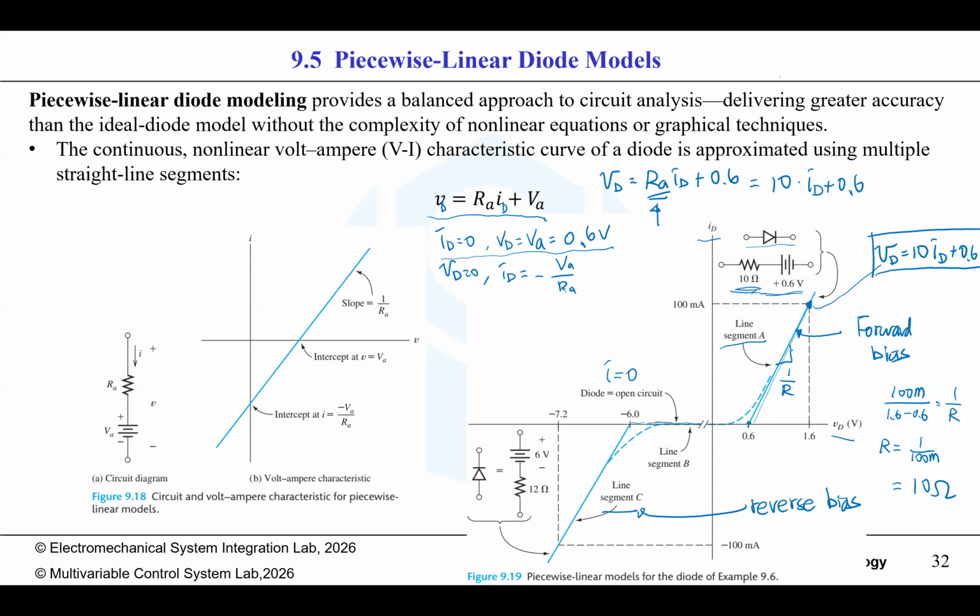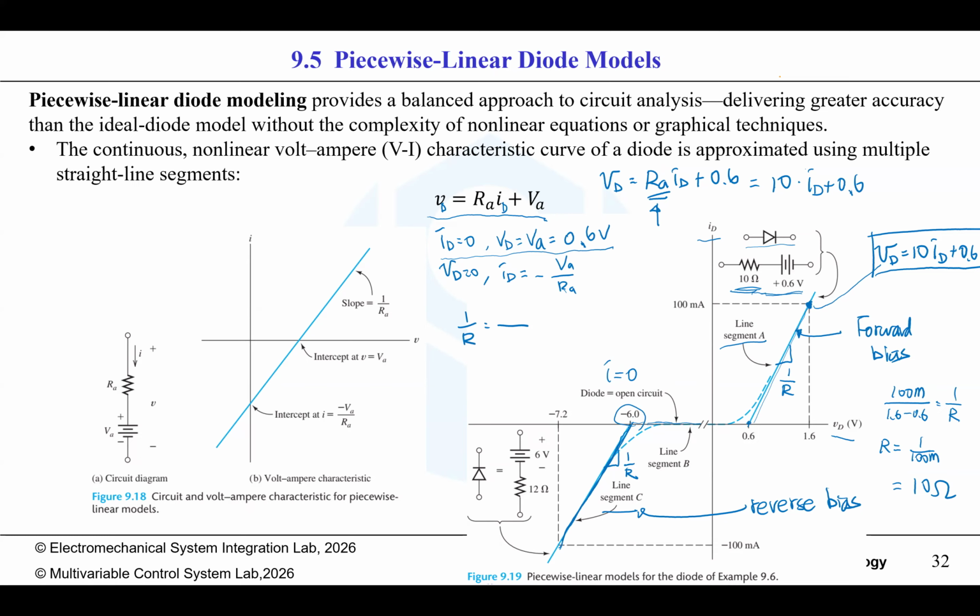Okay, and then the same thing, we can approximate this line. This is 1 over R. By calculating the slope, you can find R, and the intersection here is VA. So VA is minus 6. We calculate R: 1 over R should be the slope.